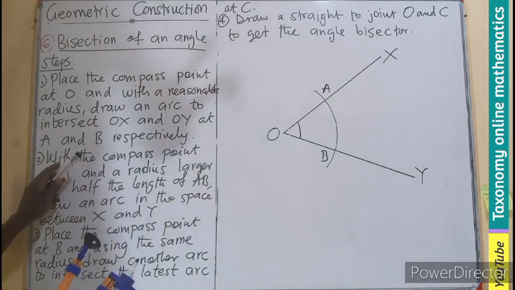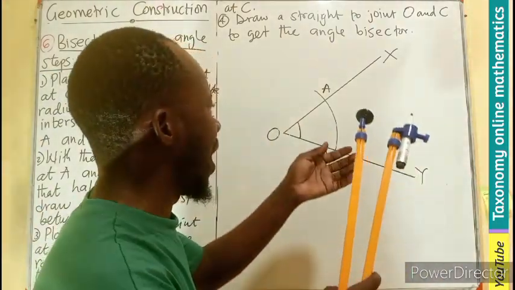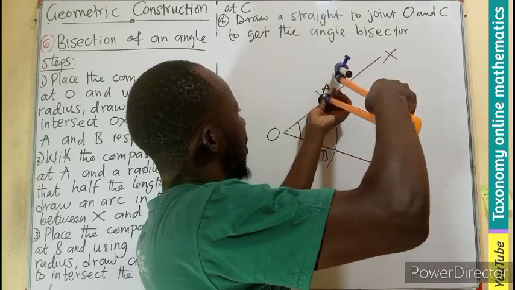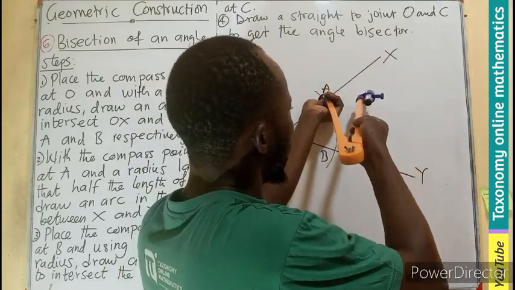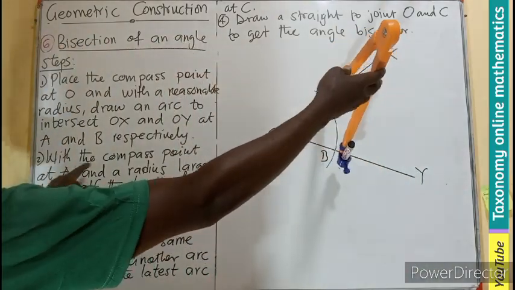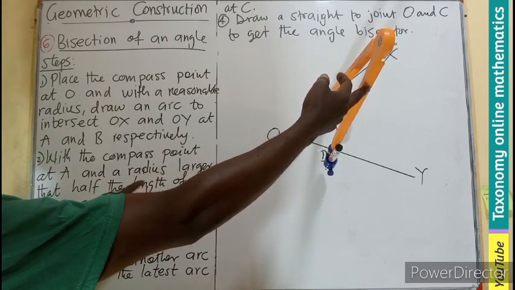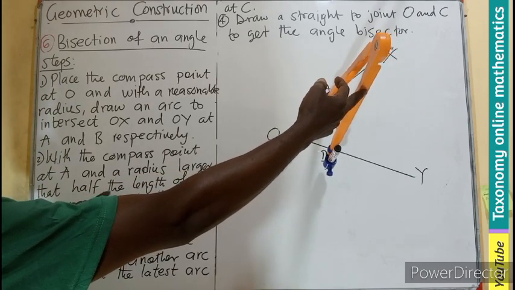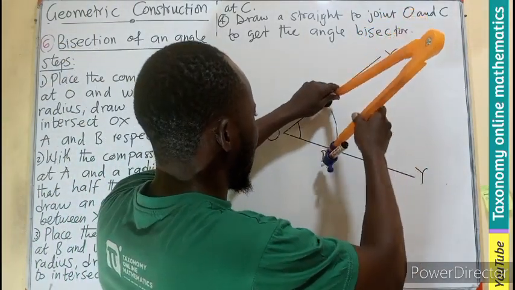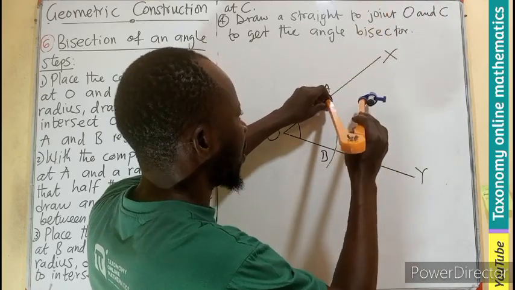OY. Now with the compass point at A, we are going back to where A is, the intersection. Then we open the radius. They say reasonable, bigger than half the length AB. With the compass point at A, a radius larger than half the length of what? AB. So this is going to be larger than half. So we make an arc.